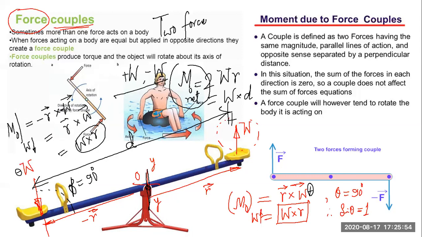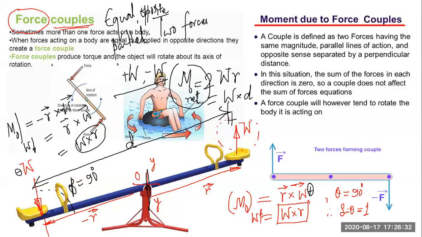When two equal and opposite parallel forces are acting on a body or a member, the net effect is a turning, just like the moment.